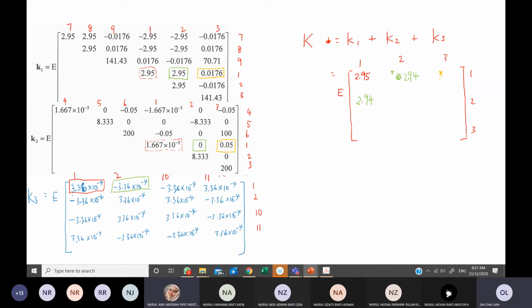Yes, correct. So what is it? 0.0676. Okay, so similarly, it will be applied to here.